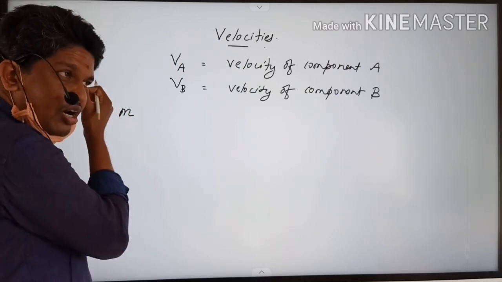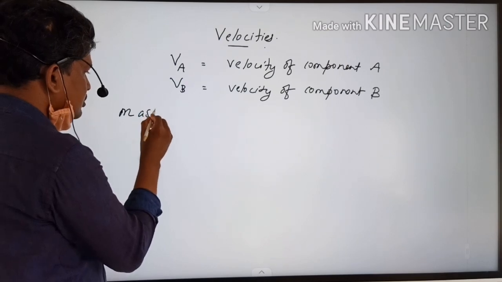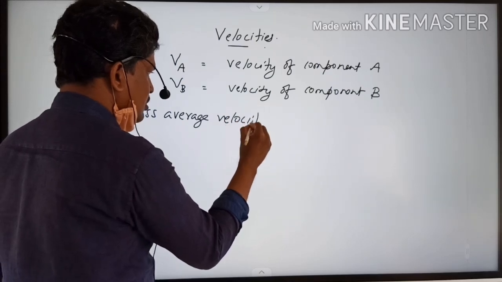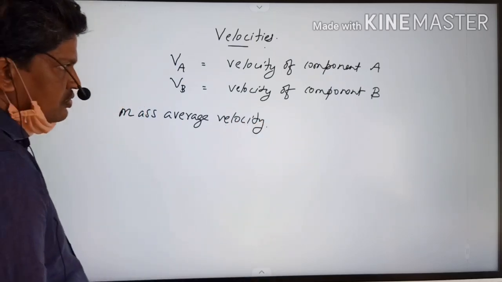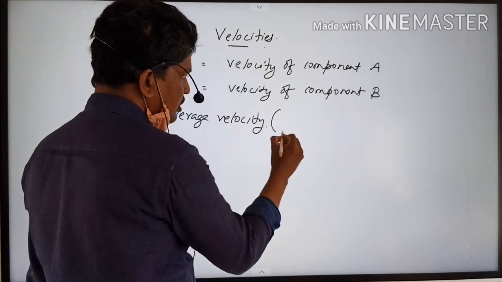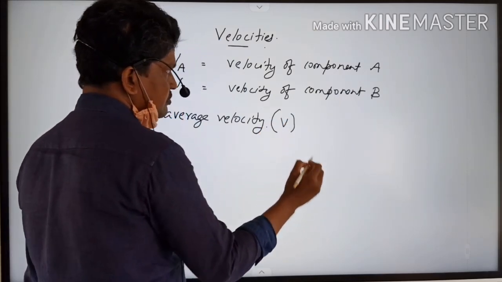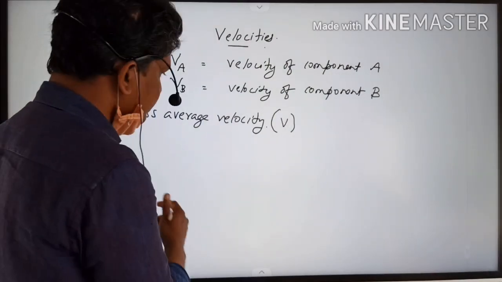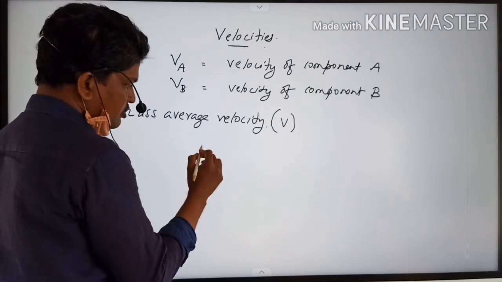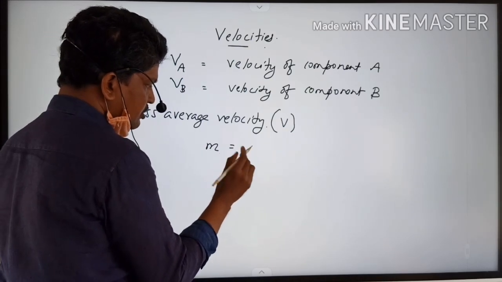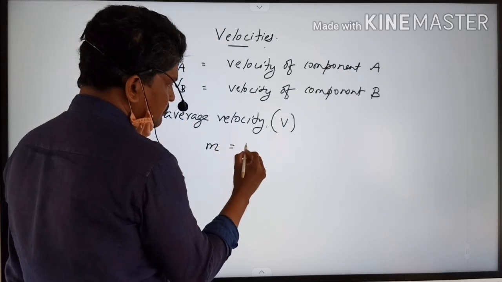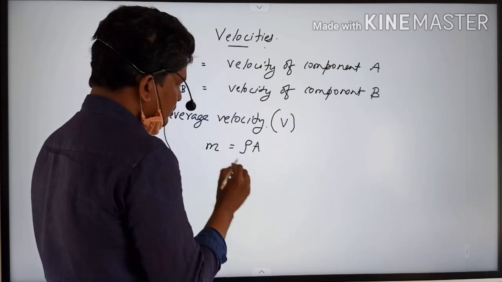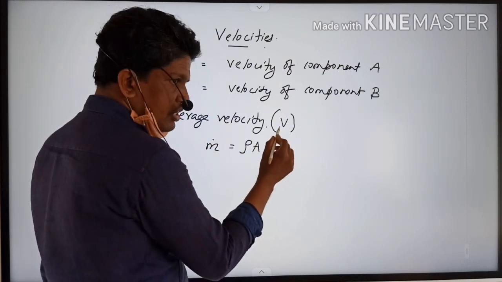If it is based on the mass, it is known as mass average velocity, denoted as small v bar. Then the total mass flow rate m is equal to rho A v, if rho is the density of the mixture, A is the area, and v is the average velocity of the mixture.